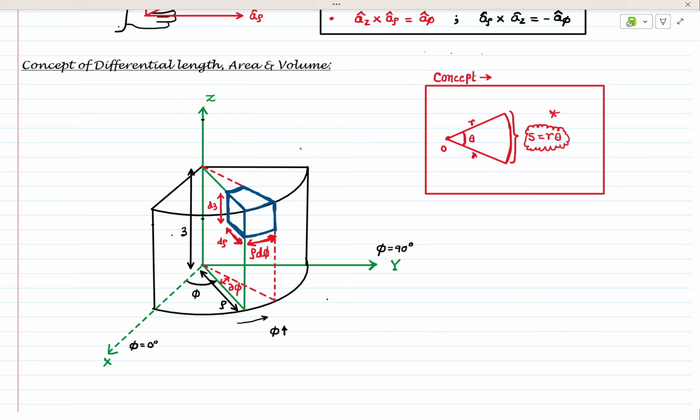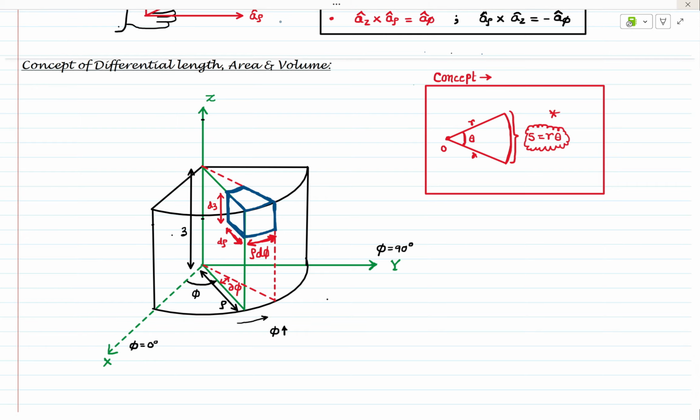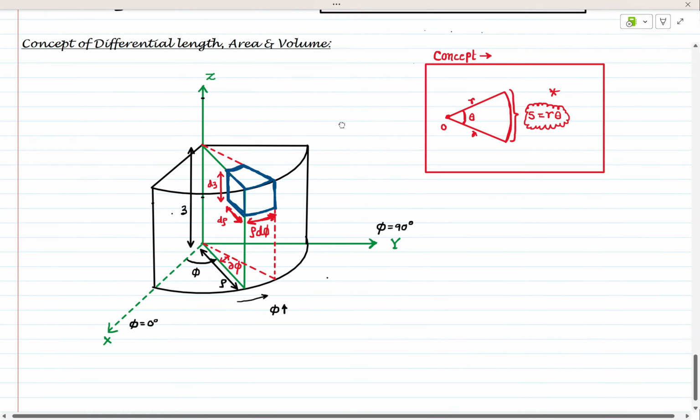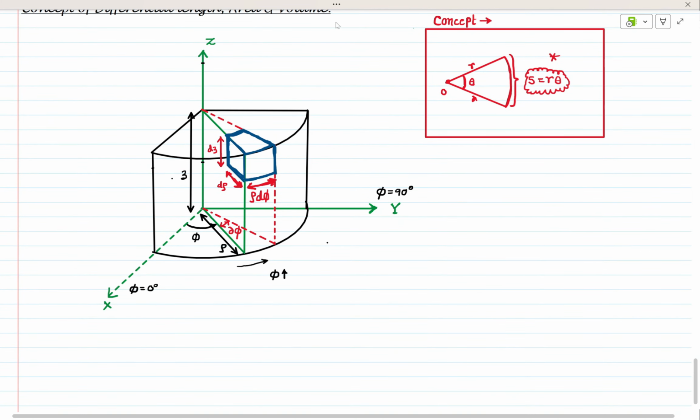Now, let us discuss the differential length first. Then I will come back to the differential area and volume respectively. First of all, let's start discussing the differential length.